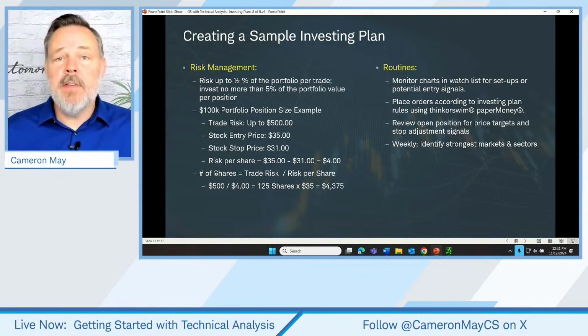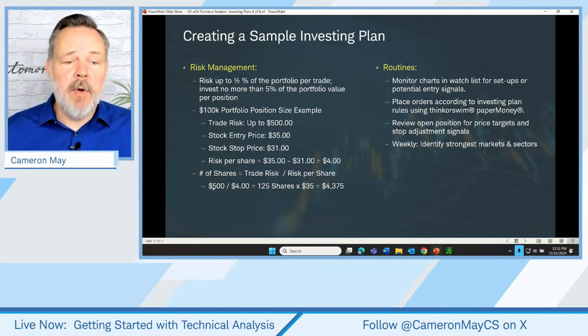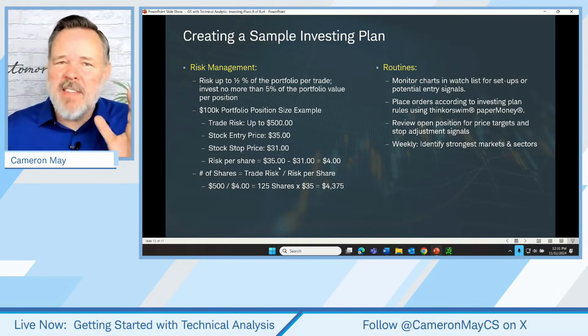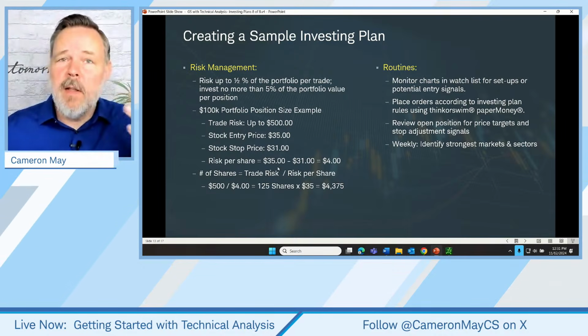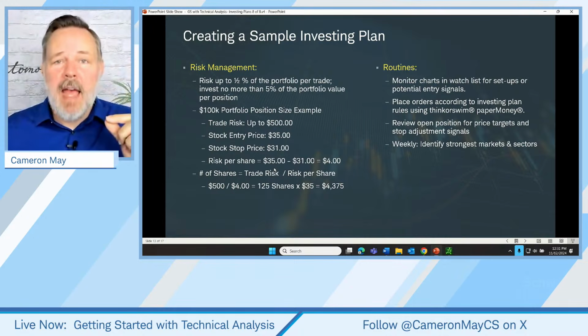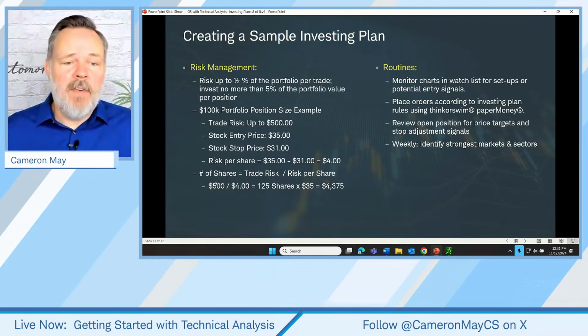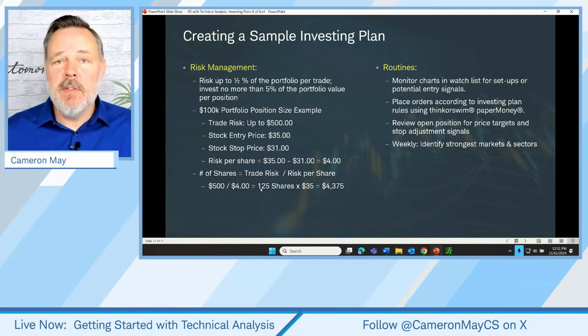Well, this can help us calculate how many shares to buy. If we're risking $4, not much risk there, how many shares could we still buy and stay within our 0.5% risk tolerance? Well, $500 divided by $4 tells this trader they could actually buy up to 125 shares.